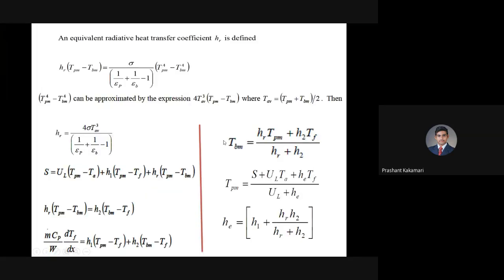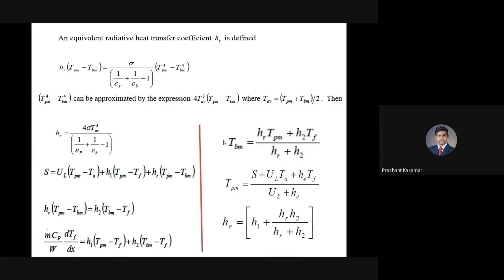So now we are going to simplify all these equations by putting in some combined or effective terms. Here an equivalent radiative heat transfer coefficient, HR, is introduced as a new parameter. This HR represents the combination of radiation heat transfer.